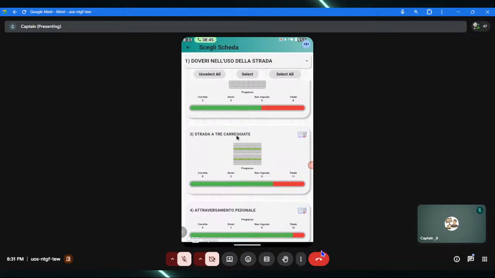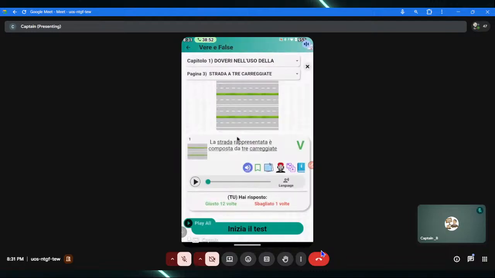Strada a tre carreggiate. Road of three carriageways. Carreggiata now, not corsia. Now, let me explain this for you. From this brown line to the brown line is known as what?